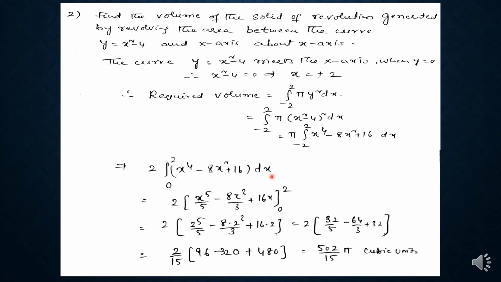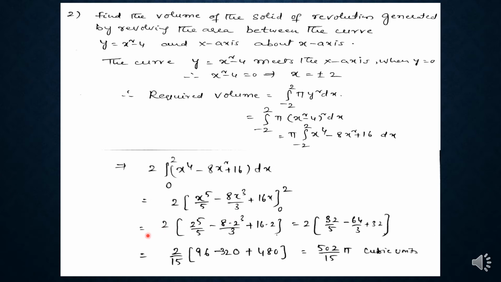Now integrating the function, we get 2 into: the integral of x to the power of 4 dx is x to the power of 5 by 5, minus 8 into the integral of x square dx, which is x cube by 3, plus the integral of 16 dx, which is 16x, from 0 to 2.